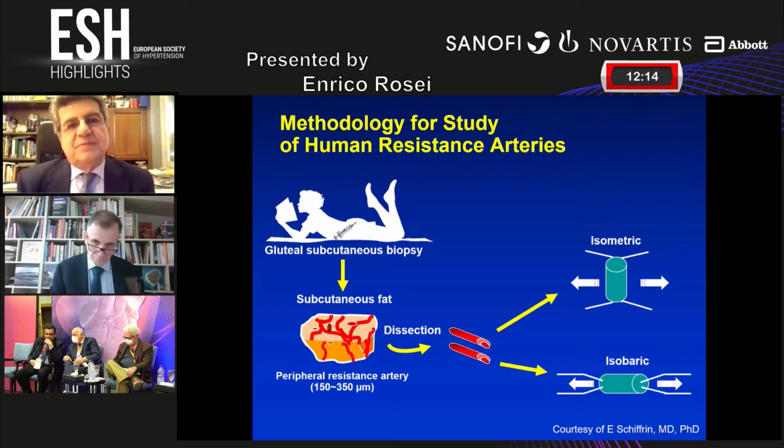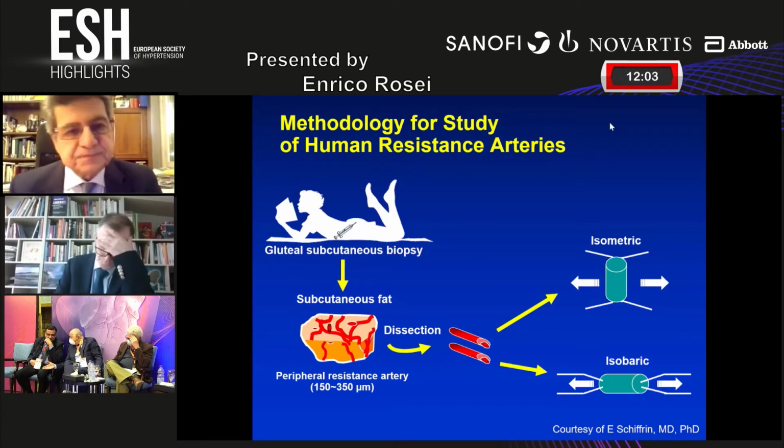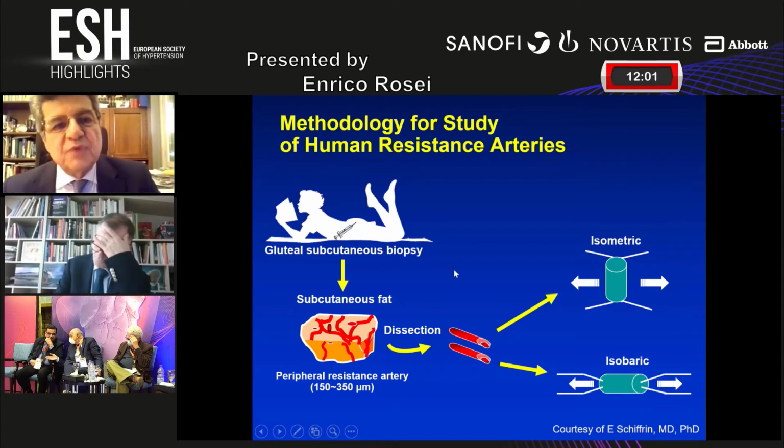However, it has been a well-standardized technique that has given us a lot of pathophysiological information, probably also clinical information.